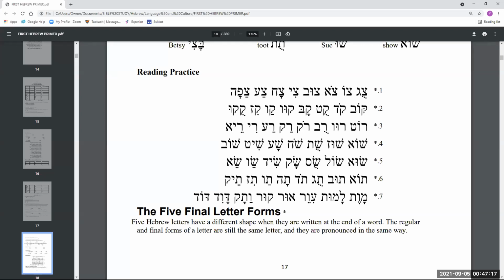Okay, so we got the kuf right here with no vowel point, right? So it's consonant vowel, right? So what is this? This holem vav, what does that sound like?